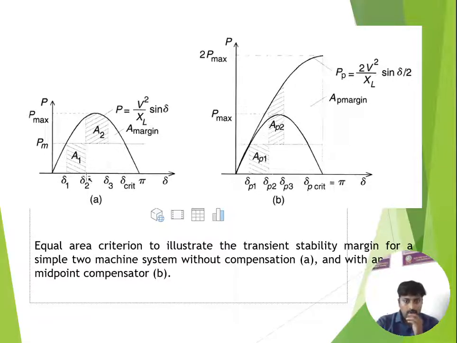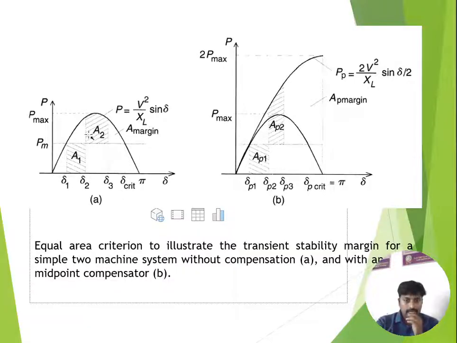At delta 2, if the fault clears, you can see this is the mechanical power, and the electrical power can appear here. In this situation the electrical power is high compared to the mechanical power, so the load angle changes from delta 2 to delta 3.